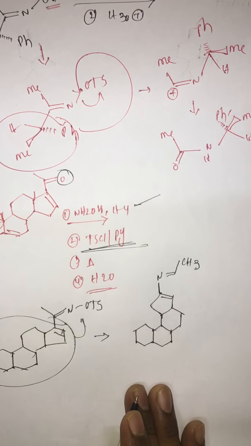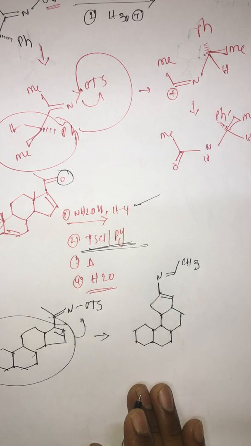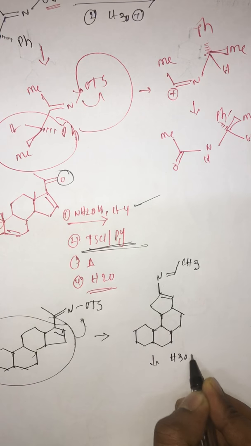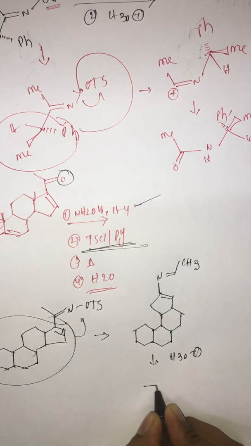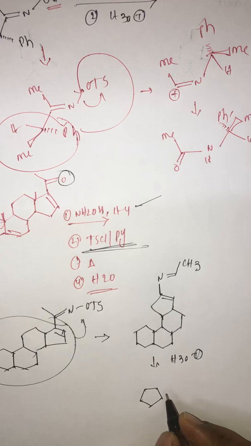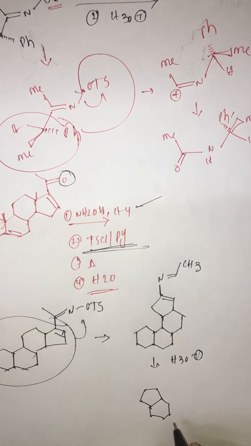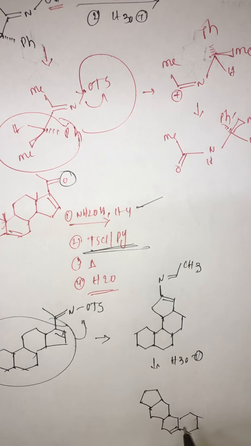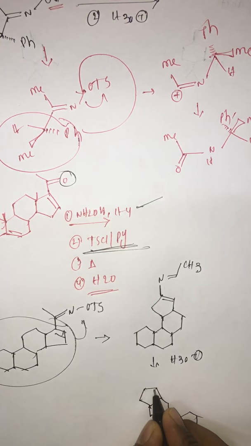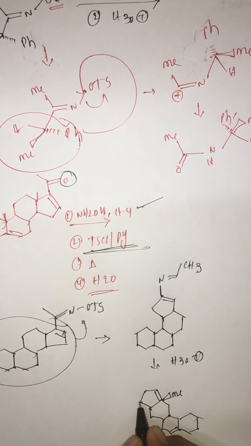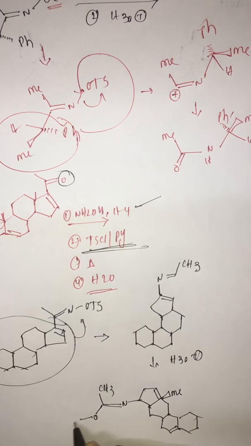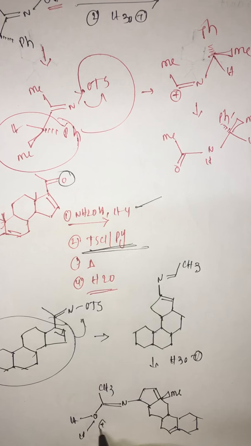Then it looks like this, and in the final step we have H3O plus. That will become, I'm not writing any groups here, I'm directly writing here only, a methyl group forms here, N double bond CH3, OH H. There is a positive charge.